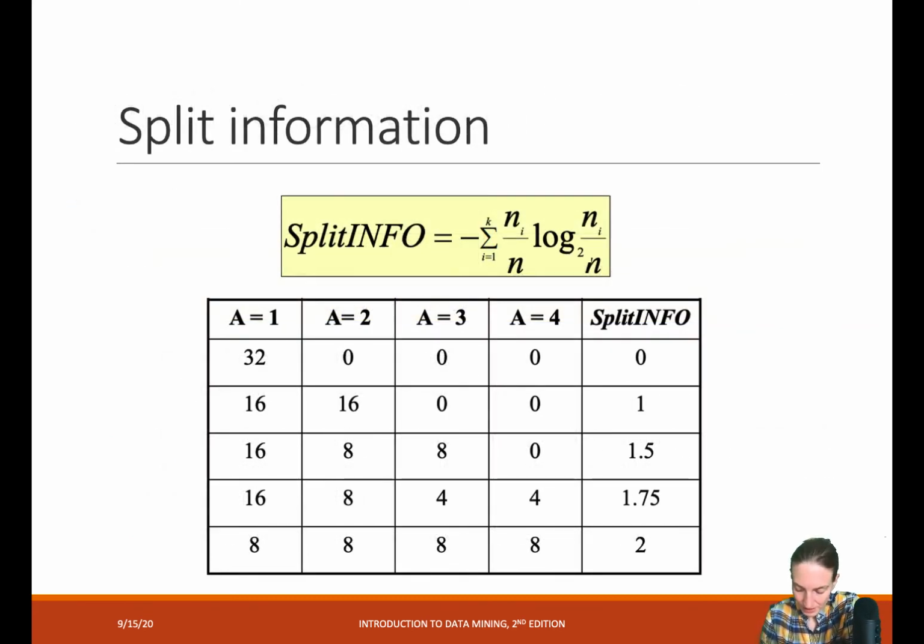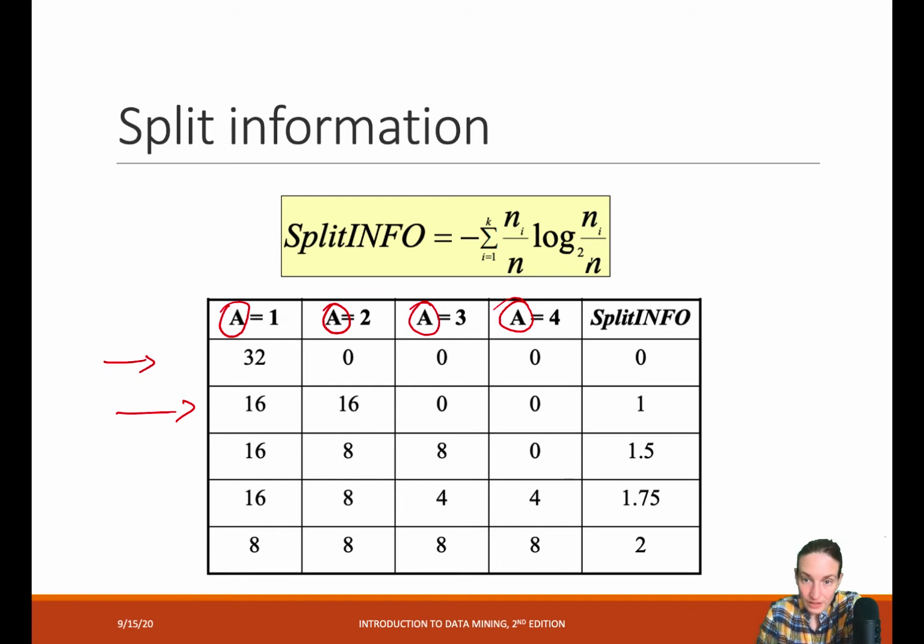We have an example here of the splits, where each row would be a different type of split. A1, A2 here are the categories or the classes, and the numbers in the table give us how many instances belong to that class. Now let's calculate, let's say, the second row.